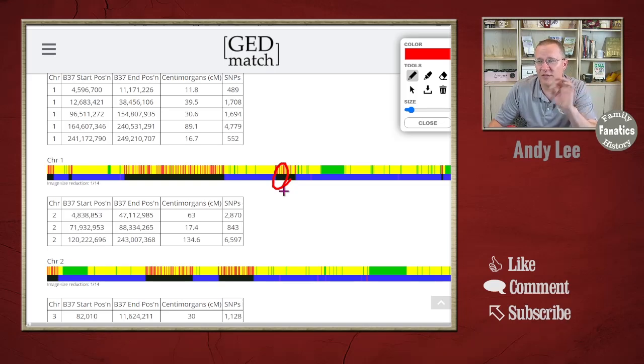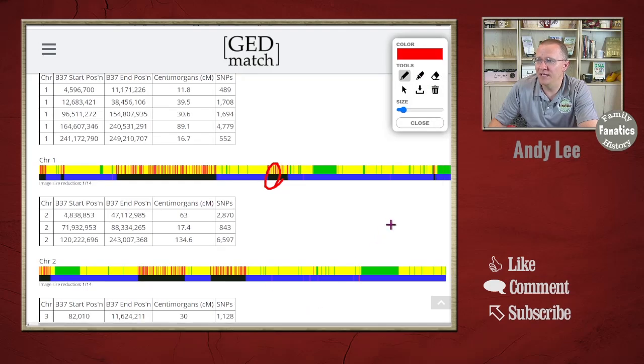That's what hard breaks is doing, it's taking it out. What hard breaks can also do sometimes is find places like this where there may not really be a break there. It was only a break because there were big gaps in the amount of centimorgans. In this case, there were actually no matches there, which was causing that.